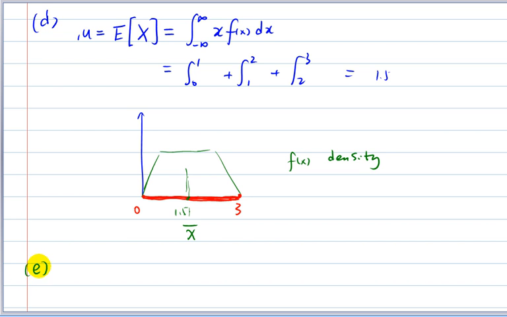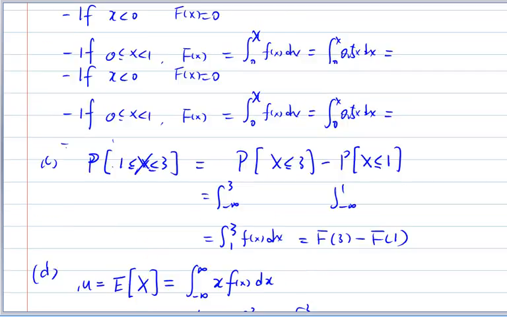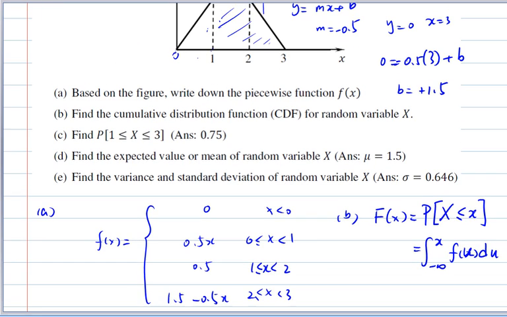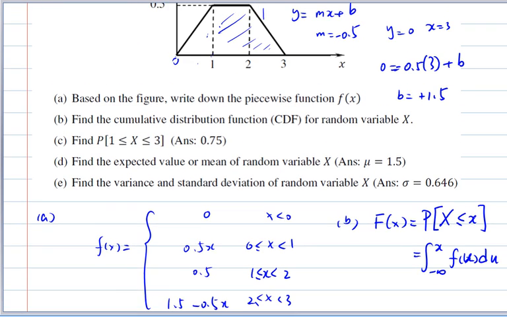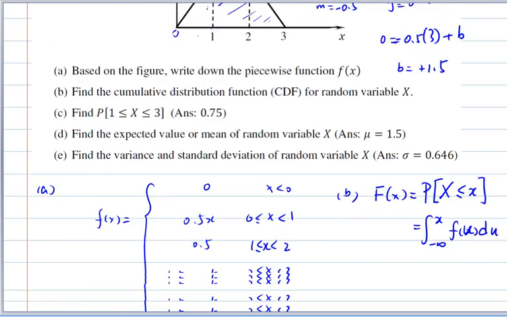The E part, you are supposed to calculate the variance or standard deviation. Standard deviation is the square root of the variance of this random variable.